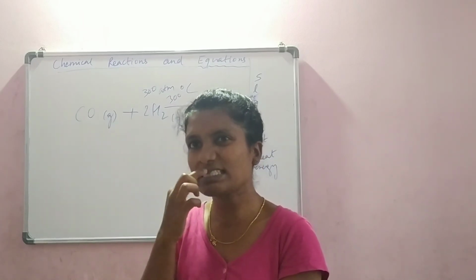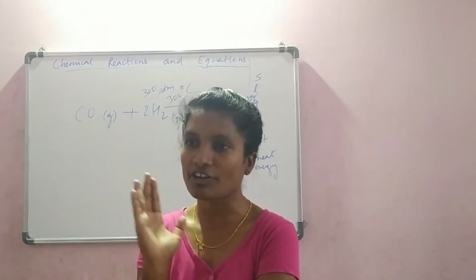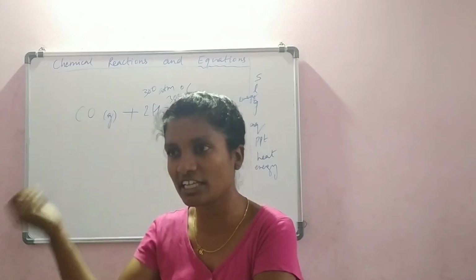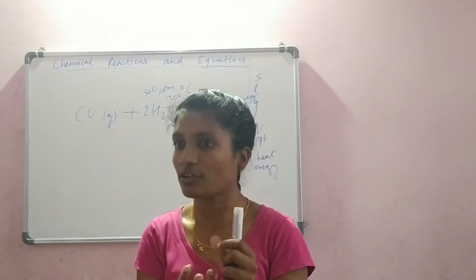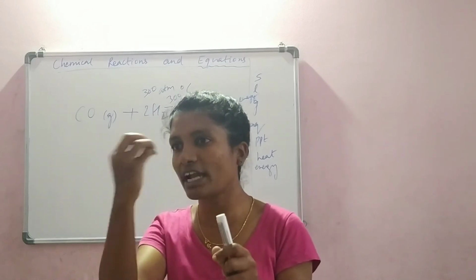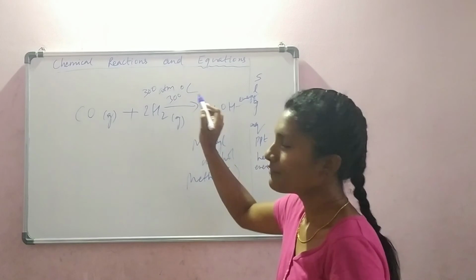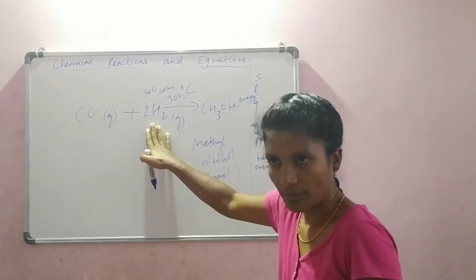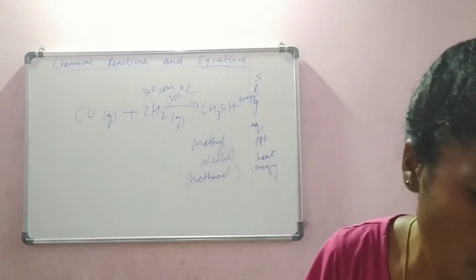One good example is milk is converted into curd, curd is converted into butter, and the butter is heated to get ghee. Just keeping the butter, we don't get ghee. We need to heat that. You provide a certain temperature and you get ghee. Similarly, here you have to give 300 degrees Celsius of temperature so that your carbon monoxide combines with hydrogen to form methyl alcohol.